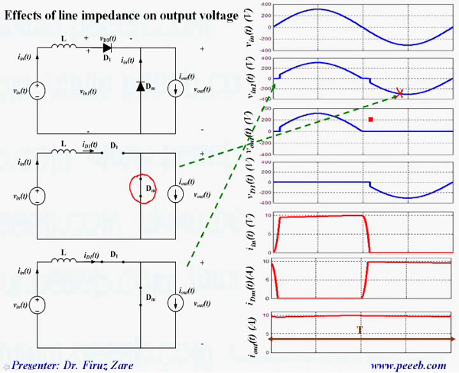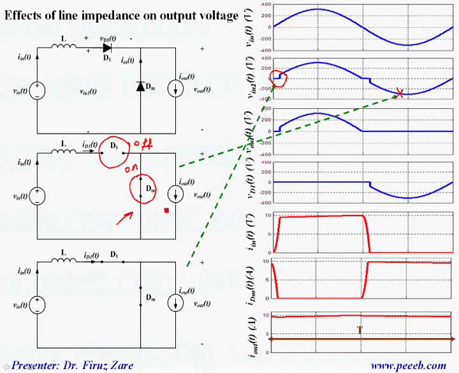So when the input voltage is getting positive, that means at the beginning of the first half cycle, because the previous switching state is this one, this diode is off and this diode is on. So just at the beginning of the first half cycle, what's happened?